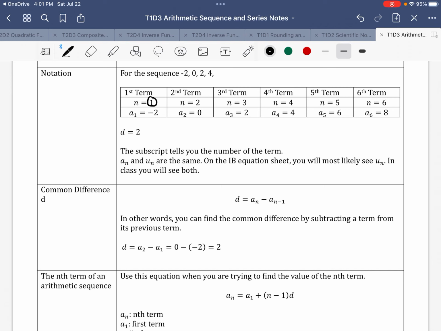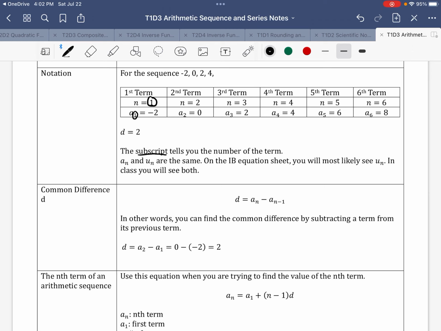Right? So then the second term, n is 2, a sub 2 is 0. The third term, n is 3, a sub 3 is 2, so on and so forth. The subscript just means the little number next to your letter, it tells you the number of the term. So a sub 1, a sub 2, a sub 3, so on and so forth.